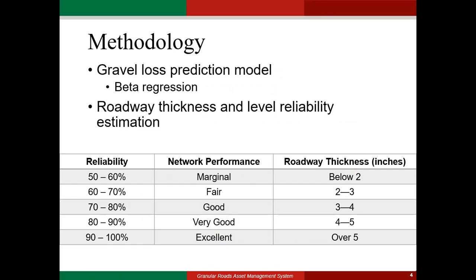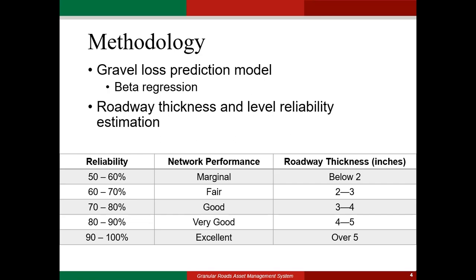For example, if the reliability is 50%, that would mean the roadway thickness is below 2 inches. On the other hand, if the roadway reliability is about 100%, that would indicate an excellent network performance and the roadway thickness would be over 5 inches.